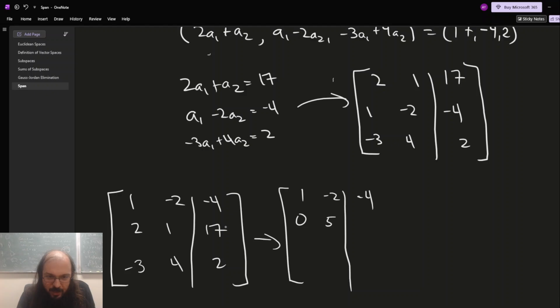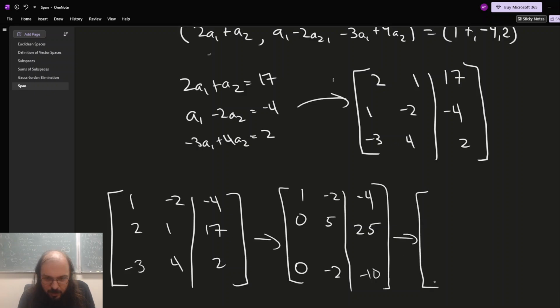So that means I'm adding this guy here. And I'm also adding 8, which gets me to 25. And then I'm going to add 3 copies of row 1 to row 3. I have to add -2, so this becomes -2. And then I have to add -4, so I get -10.